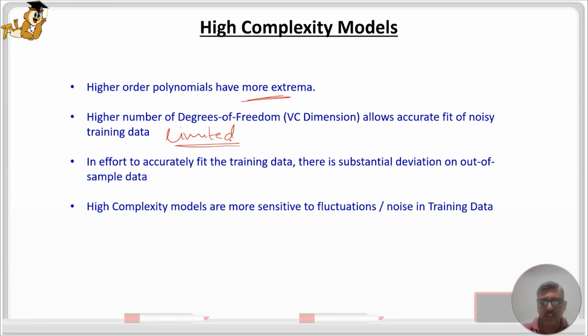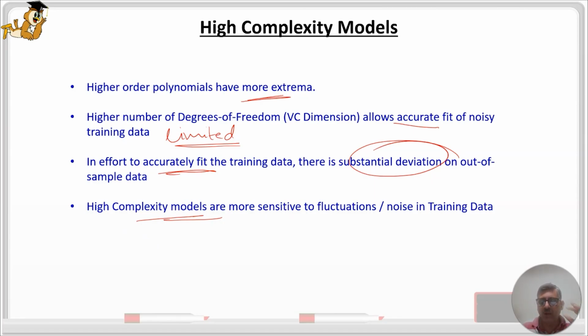Remember, I put that disclaimer right in the beginning. They allow for an accurate fit of noisy data, and in an effort to accurately fit that noisy training data, there is a substantial deviation on out of sample data. Okay, and it is also observed that these high complexity models are more sensitive to fluctuations or noise in the training data.